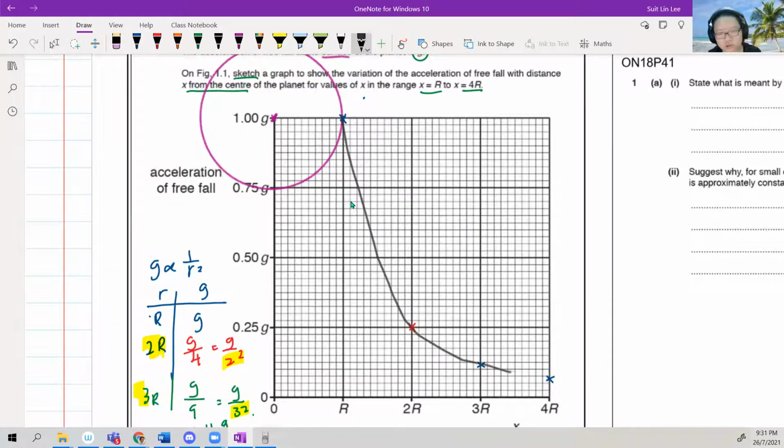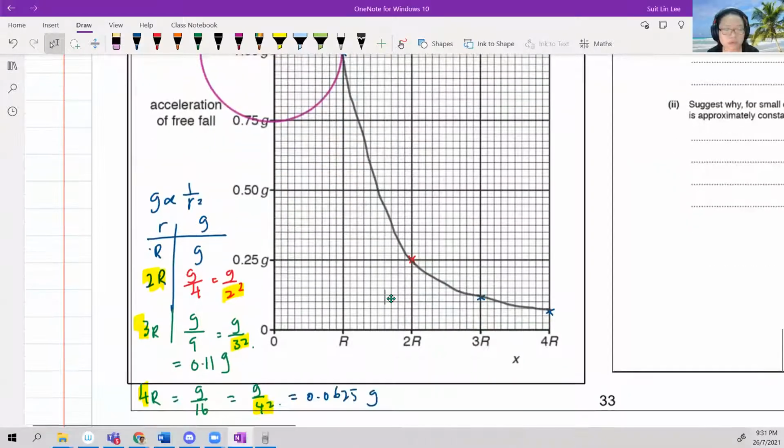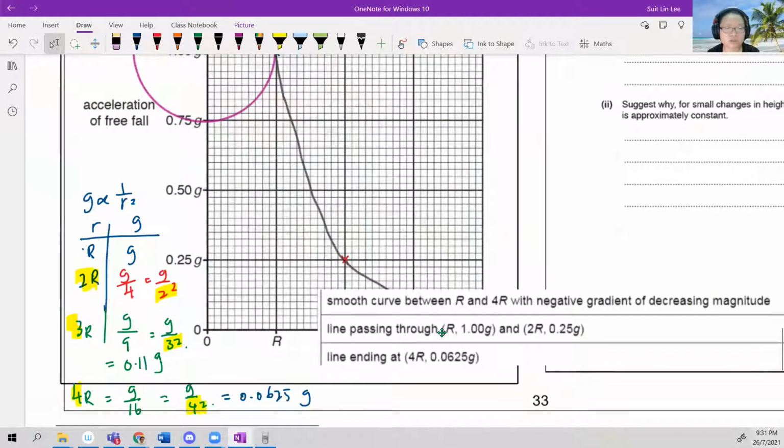You have to pass through the important points, which are the ones that I have plotted, to get the total of 3 marks. This graph is 3 marks. Nice. I like these 3 marks. You don't really have to work that hard. So here are your criteria. The first one, you have a smooth curve.